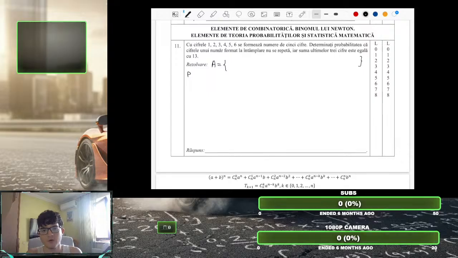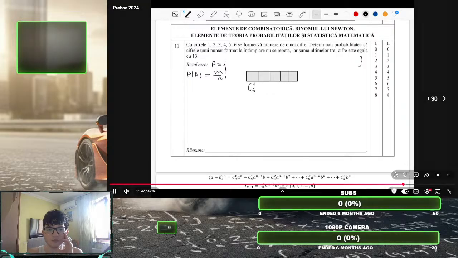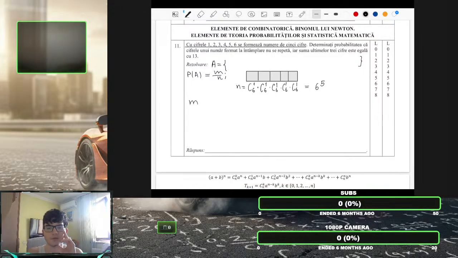And in the second one also, third one also. So it's essentially 6 to the 5th power, right? Yeah, I got it right. It's 6 to the 5th power.